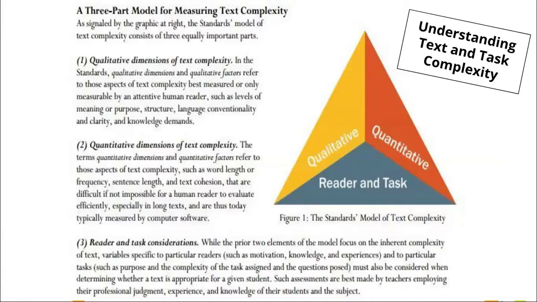The third component is related to the reader and the task. So what are we asking students to do with the text, or the information that they get from the text? Who are these students and what motivates them? What knowledge can I connect to from what we've done earlier in this year, or what I know they did a few years ago?